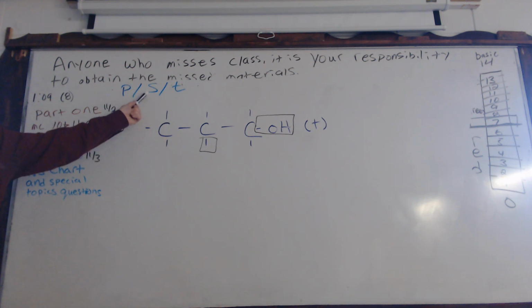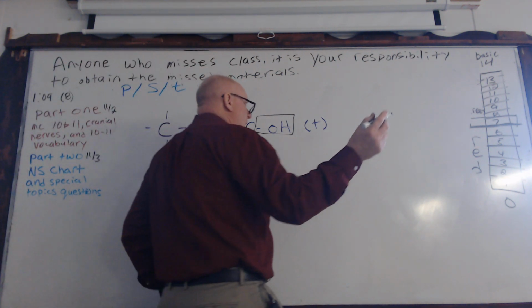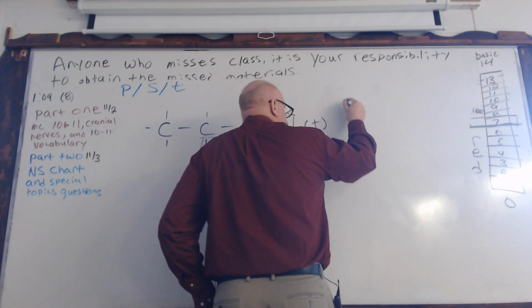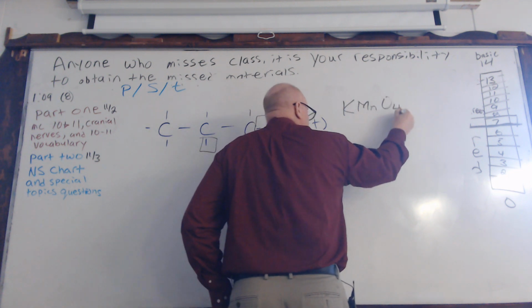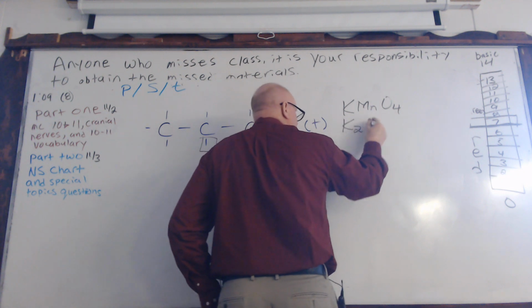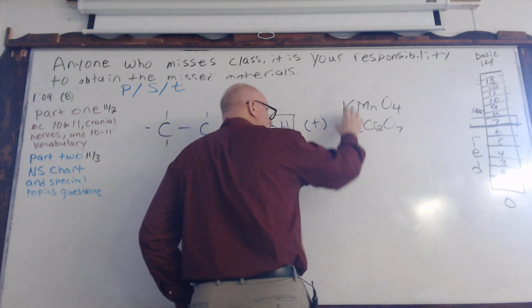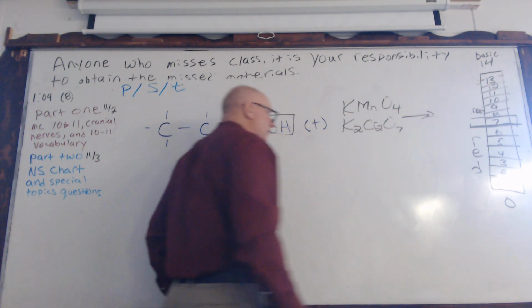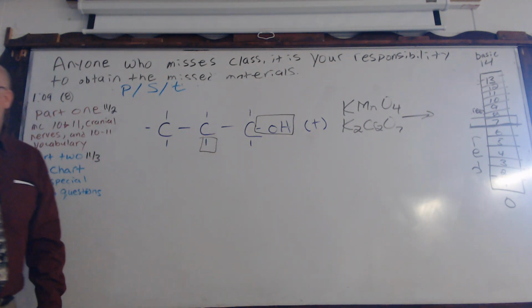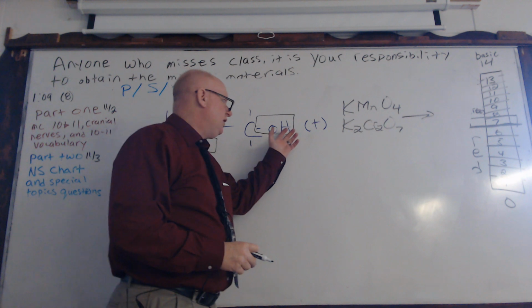That's why we still have these letters up here, because what happens is when you add something like this, that's one, and that's another. These are what we call really, really powerful oxidizing agents. So what that means is they're going to be placing an oxygen on here.